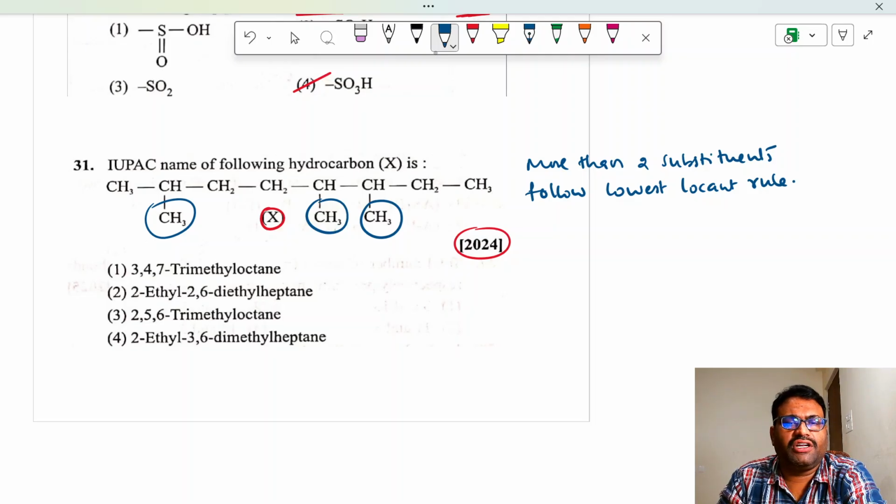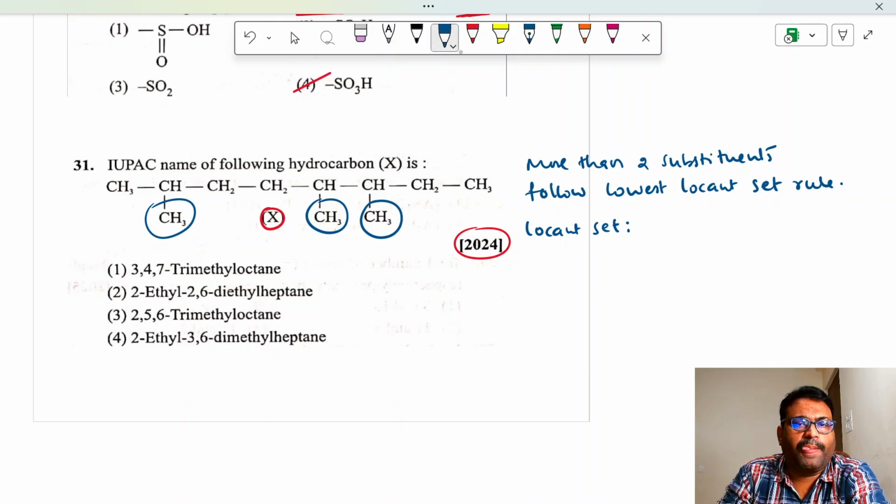Okay, first let us write the lowest locant set rule. What is that? Lowest locant set rule. So, locant set. Let us consider one locant set. This is left, and it is right.